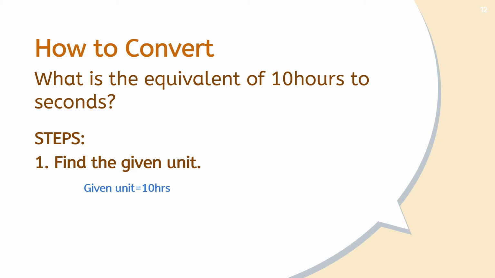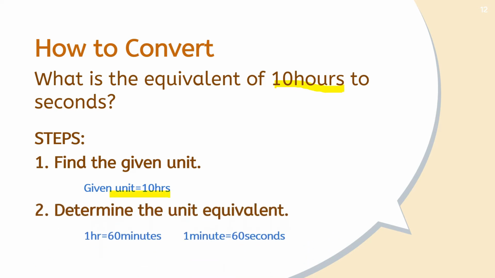The first step is to find the given unit. Your given unit is 10 hours. The next step is to determine the unit equivalent. We are to solve for the desired unit of seconds.